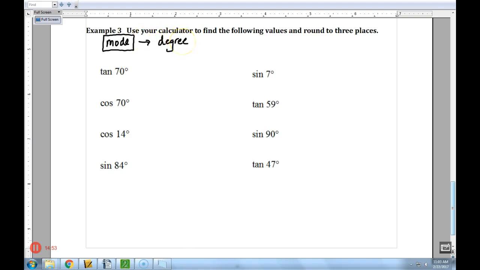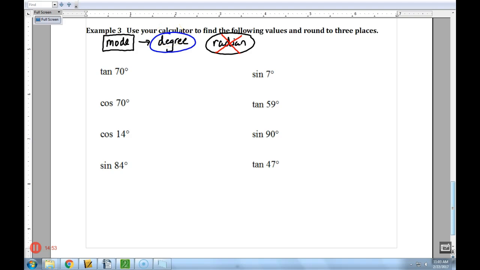A lot of times it'll say DEG. Do not use radian mode or RAD. Radian mode is a different unit besides degrees that will give you totally different values. So we want to make sure that we are in degree mode.